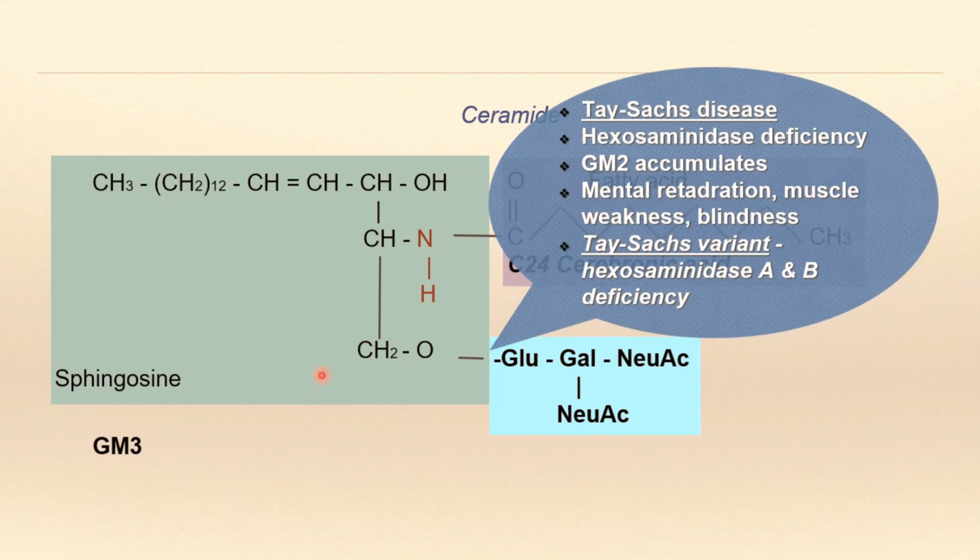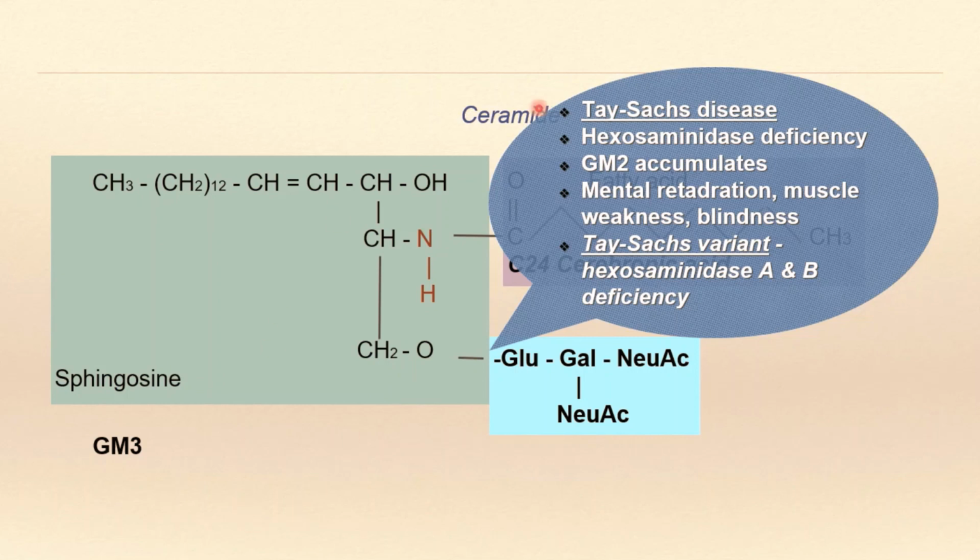Now again, these are catabolized by different enzymes, and if the enzyme hexosaminidase is deficient, it becomes the basis for Tay-Sachs disease, whereby this GM2 is to be catabolized efficiently but will not be metabolized efficiently because of the deficiency of hexosaminidase, and it will start accumulating in the brain and nervous tissue.